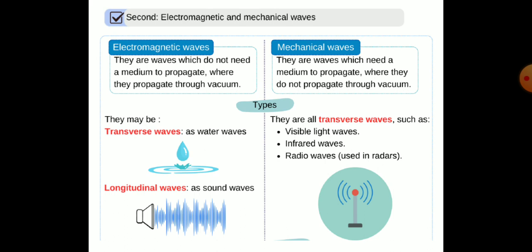So there is something wrong here. The types of mechanical waves are transverse waves and longitudinal waves. And the electromagnetic waves are transverse waves such as visible light, infrared waves, and radio waves. So there is something wrong here.